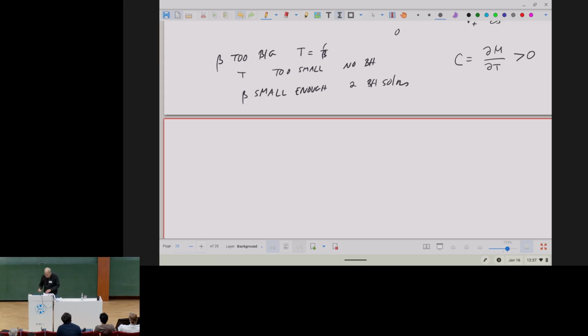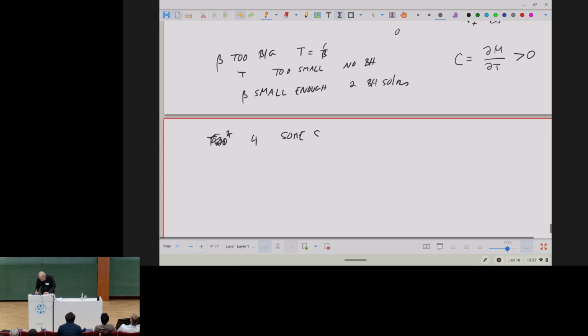So we have two fillings. Okay. We have some solutions as a function of beta.